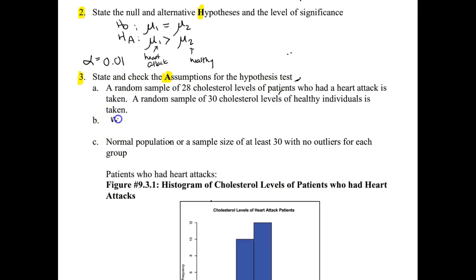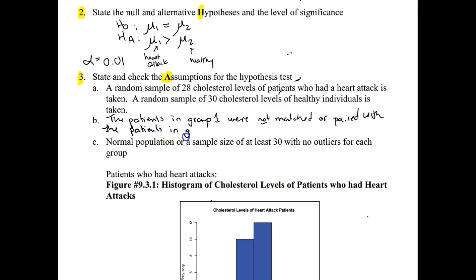So in this case, the patients in group 1 were not matched or paired with the patients in group 2. So these are independent samples.